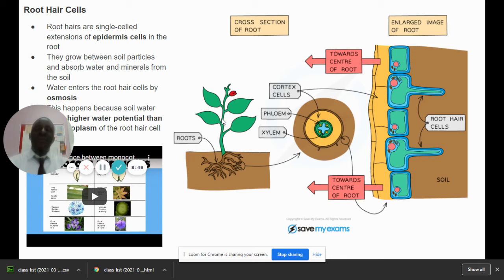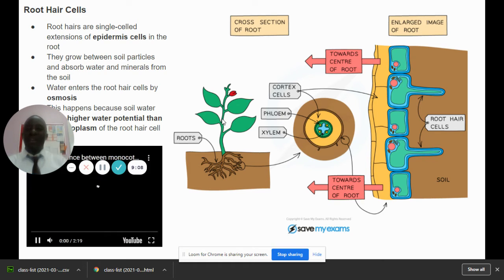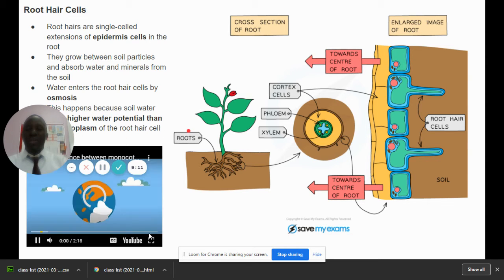So with the help of the transpiration stream, tension created by cohesive and adhesive forces, then capillarity, root pressure, successive osmosis, and osmosis, this is how water is able to move from the soil up to the leaves of a tall tree.